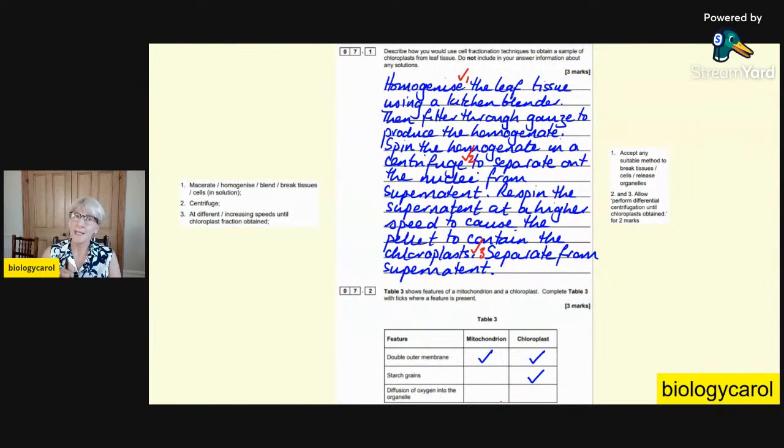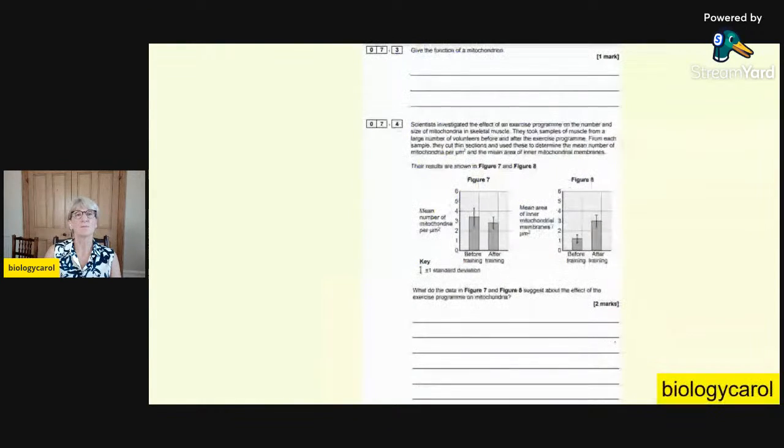Diffusion of oxygen into the organelle, mitochondrion, never chloroplasts. Chloroplasts only use carbon dioxide to make the glucose. So there's the mark scheme, and you've got a mark for each correct row. So whoopie-doo, I got the 3 marks.